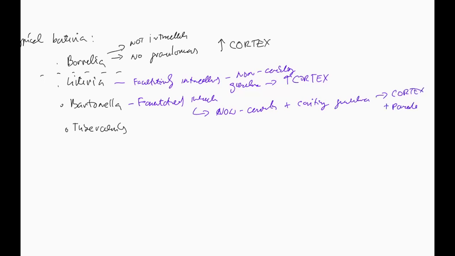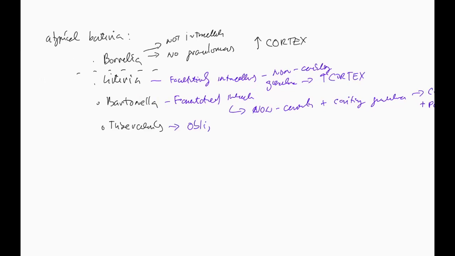And tuberculosis is obligatorily intracellular. It causes caseating granulomas and expands the cortex and also the paracortex. But where I am aiming is that cortex and paracortex involvement is a different kind of lymphadenopathy, and that's in the case of lymphomas. And I want to tell you the difference.